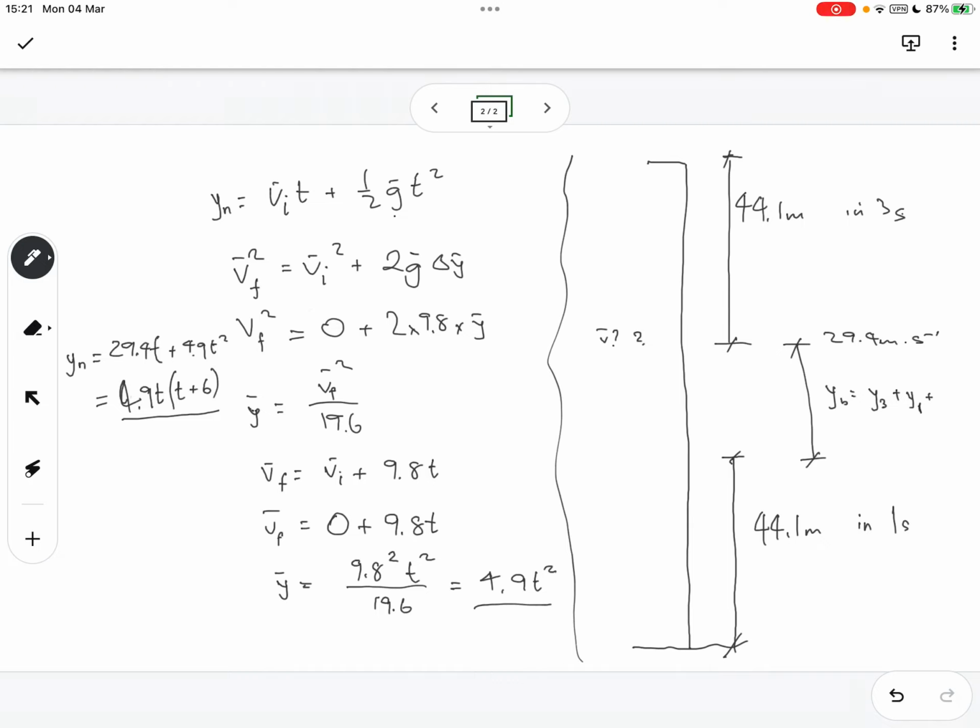Make sure I'm doing the correct thing here.